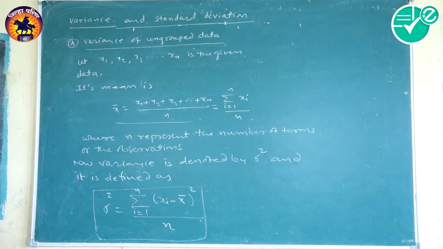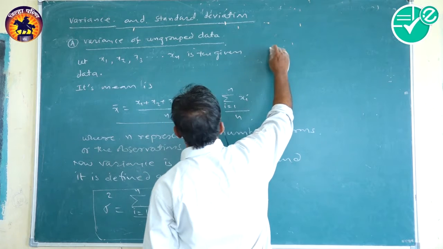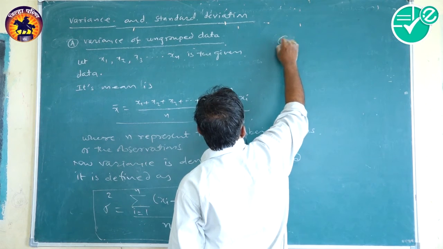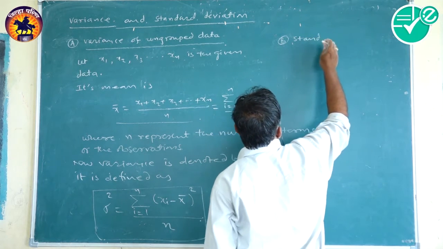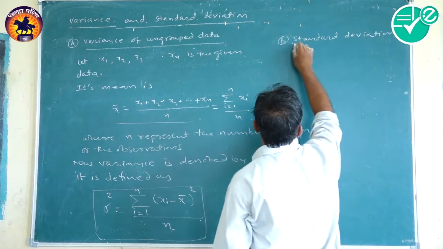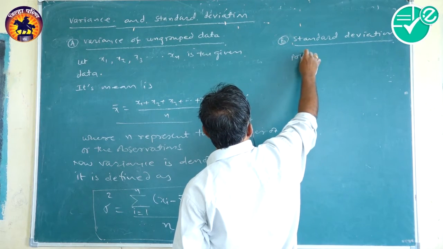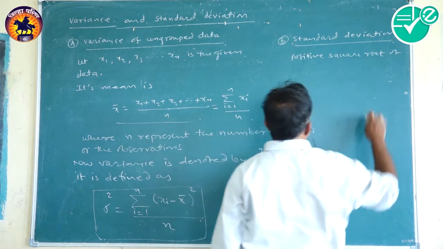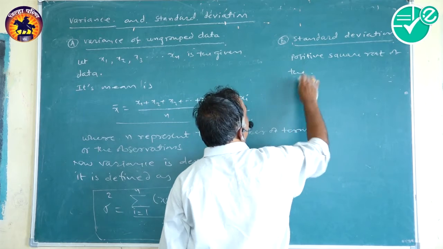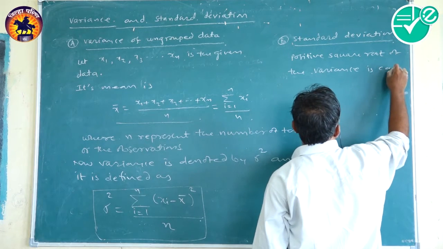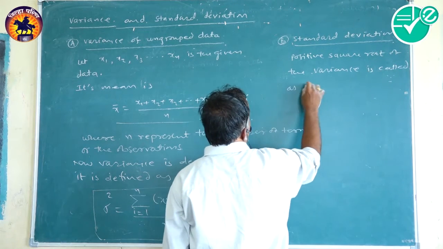And the positive square root of the variance is always called the standard deviation. And therefore the standard deviation will be represented as the positive square root of the variance, which is called the standard deviation.